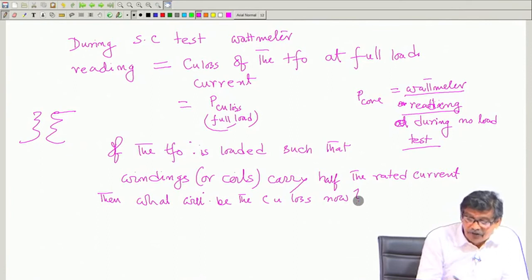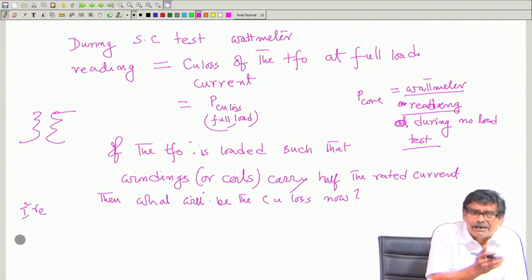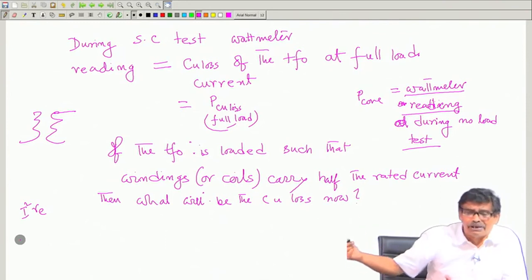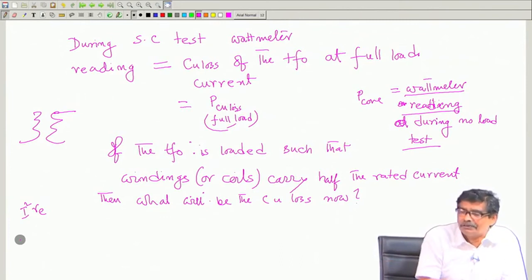See, after all, copper loss is some I square into R E. It is I 1 square R E 1 or same as I 2 square R E 2. I will not separately calculate I 1 square R 1 plus I 2 square R 2. What is the point after I have done this?